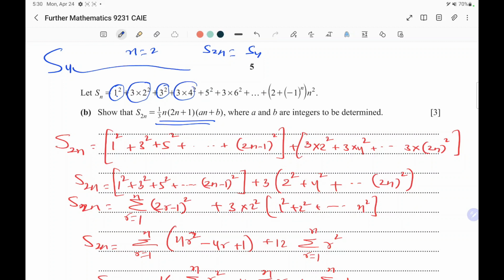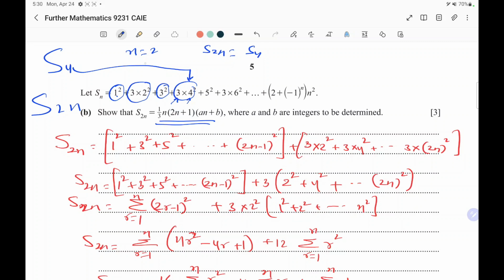Okay, if it is 4, then last will be 4. We understand. So if it is S2n, it means last will be something times, like this is 3 and this is 4. So (2n minus 1) times (2n) to the power 2, right? So that I will explain, you don't worry about it.